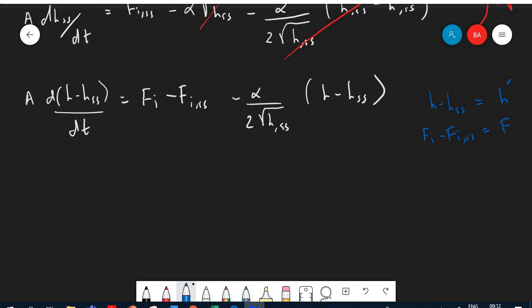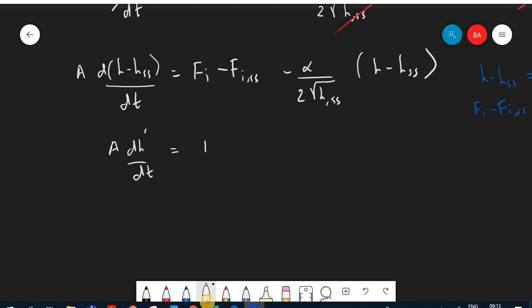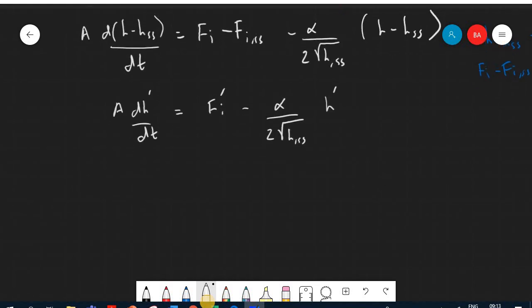We are going to represent this as fi prime. This just makes our life easier to deal with our problem. So I'm going to rewrite this and say that dh prime by dt is equal to fi prime minus alpha over 2 square root of h steady state, and this is multiplied by h prime. Okay, so now this equation is neater, right?